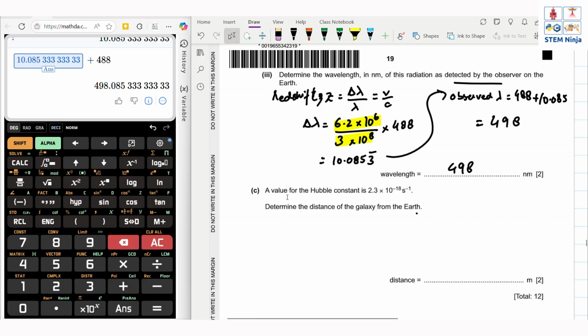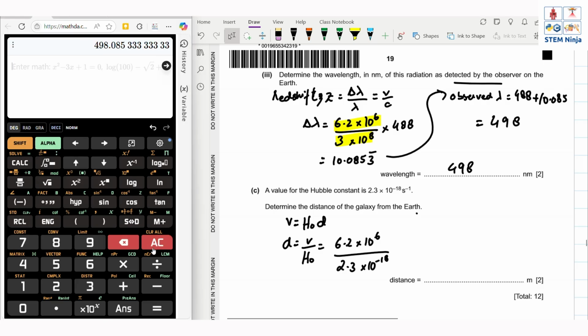So the Hubble's law basically states that V is equal to H naught times distance. So D would be V over H naught. Hubble's constant. V was 6.2 times 10 raised to power 6. Hubble's constant 2.3 times 10 raised to power minus 18. So 6.2 divided by 2.3 times 10 raised to power 6 plus 18.